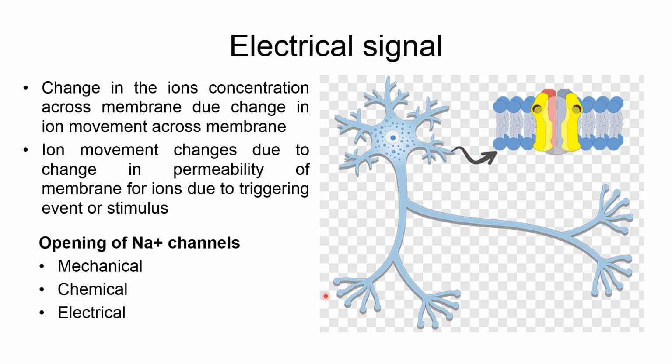The axon can give rise to side branches, which are called collaterals. So these are collaterals, and here is another collateral, and within a collateral there is another branch, another collateral branch.